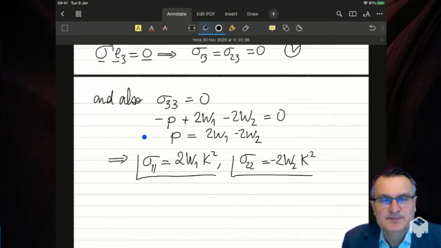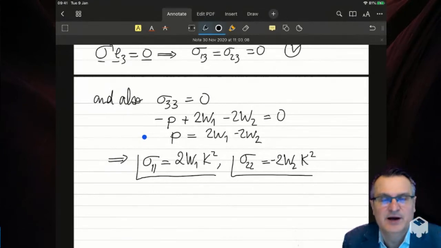And that shows you that there has to be normal forces. There has to be either sigma 1,1 or sigma 2,2 or both of them. They cannot be 0 together. If both sigma 1,1 and sigma 2,2 are 0, then it would mean that W1 and W2 are 0.